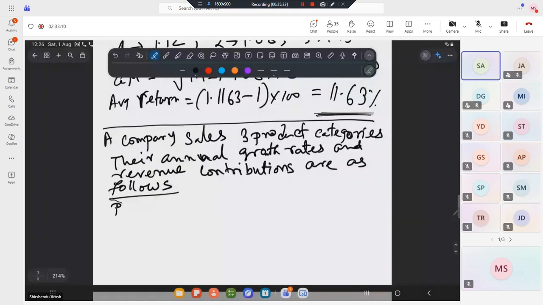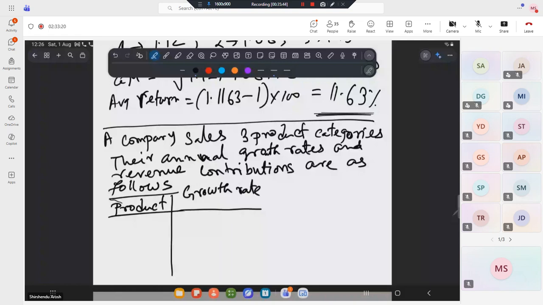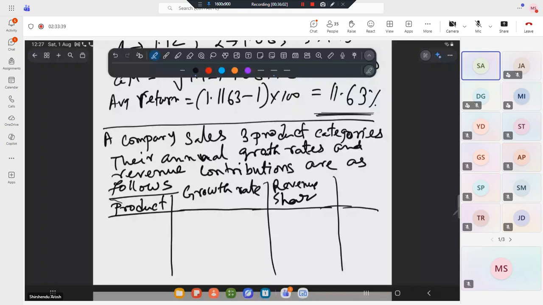Say product, growth rate, and the third one is revenue, so revenue share basically, and this is the growth factor.